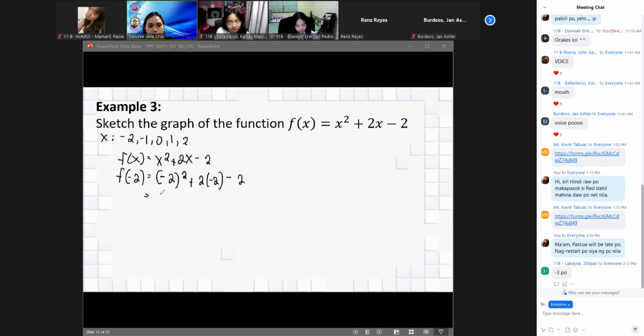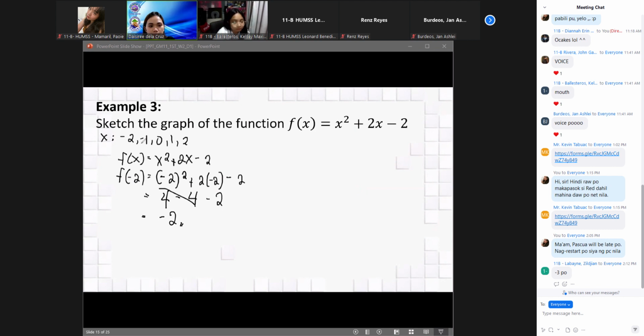And then, 2 times negative 2, negative 4. Okay, we have negative 4 and then copy lang natin si minus 2. And then next, 4 minus 4, 0. So, yung 0 na yan, wala na. So, bring down lang natin si negative 2. Okay? So, therefore, ang sagot natin or yung output natin, if we have an input of negative 2, the answer is negative 2.